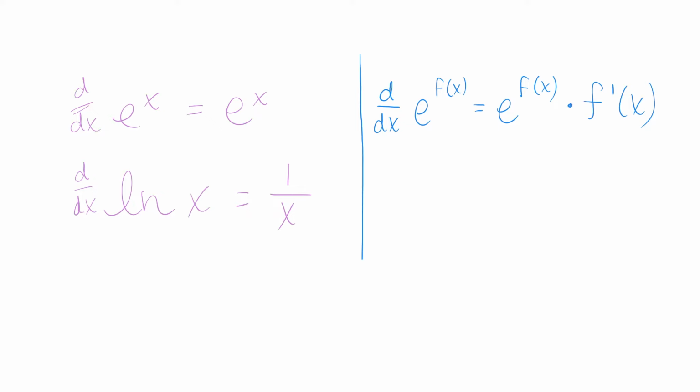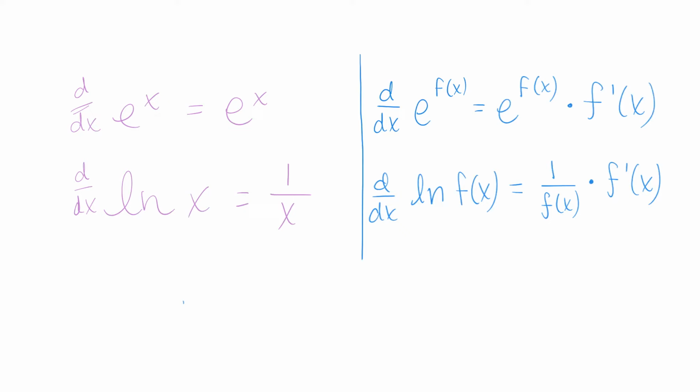Likewise, the derivative of a natural log that has an f of x: that same situation, the derivative of that is going to be 1 over f of x times, chain rule, the derivative of f of x.